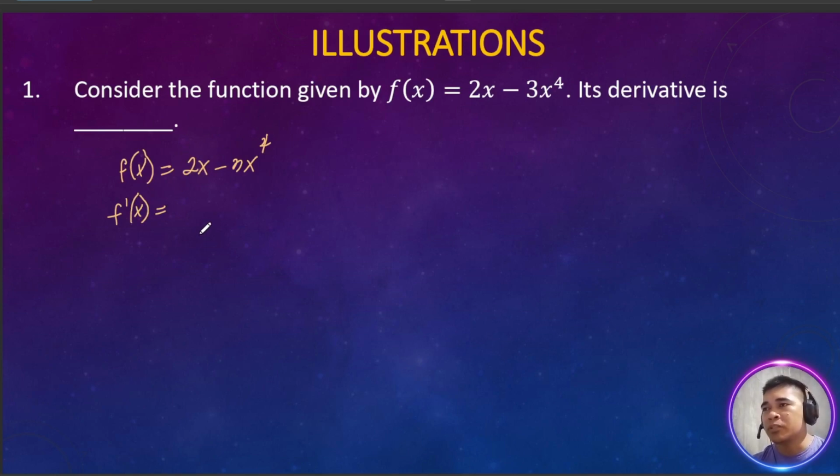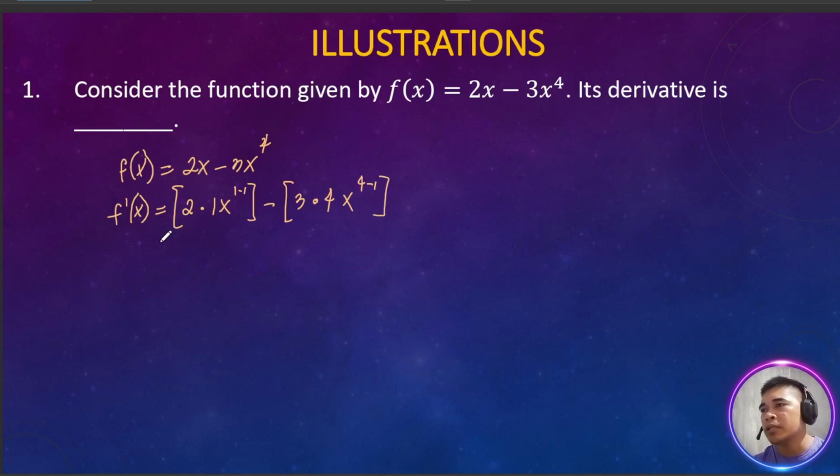Using the constant multiplied to a function, so you can have 2 times x. So the exponent of x is 1, tapos 1 minus 1. Minus 3 times, so you had the power rule, 4x to the power of 4 minus 1.